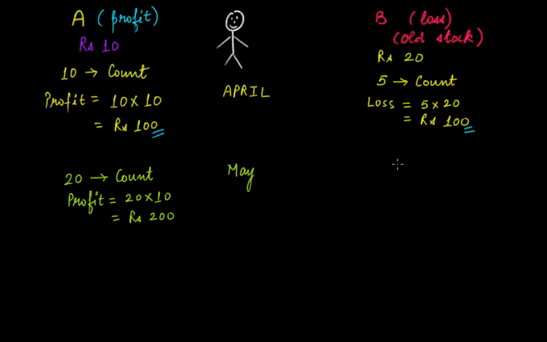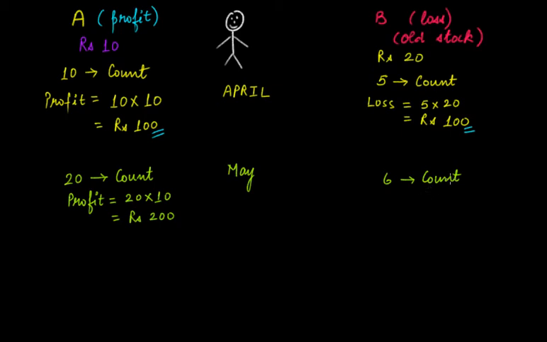In the same month, you came to know that you have sold only 6 count of item B. In the month of May, you have sold only 6 count. That is, 6 is the number of item B that has been sold.